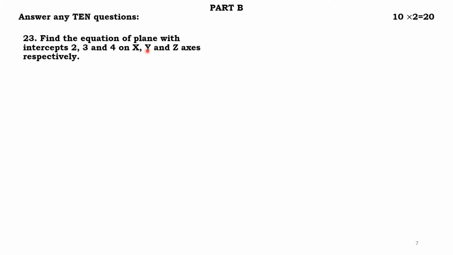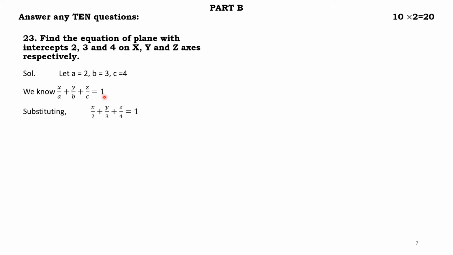Find the equation of the plane with intercepts 2, 3 and 4 on the x, y and z axes respectively. Let a be equal to 2, b equal to 3 and c equal to 4. Then from the formula, the equation is x by a plus y by b plus z by c is equal to 1.